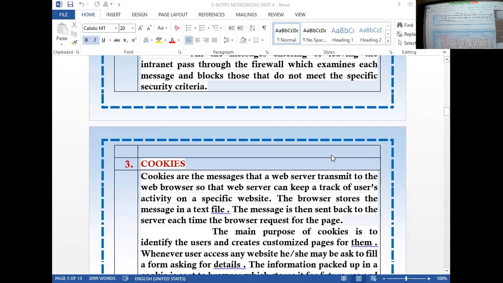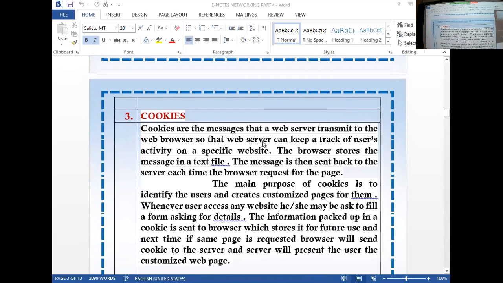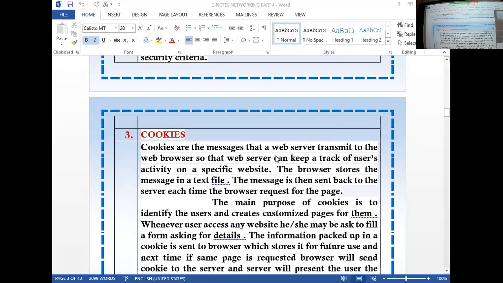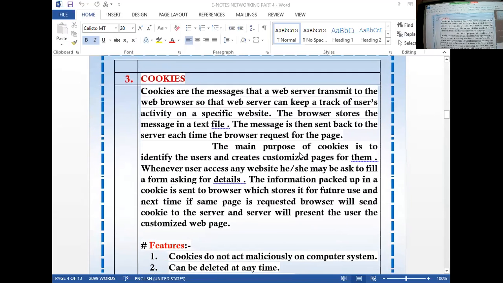Now, the next term comes cookies. Now, what actually are cookies? Cookies basically are temporary files. What actually is the concept of a cookie? Beta, the web server sends the web browser a message in which the server keeps the full record of all the activities that the user performs on the particular website.